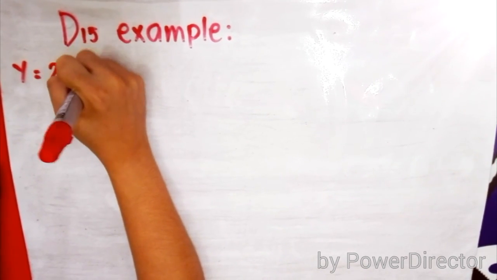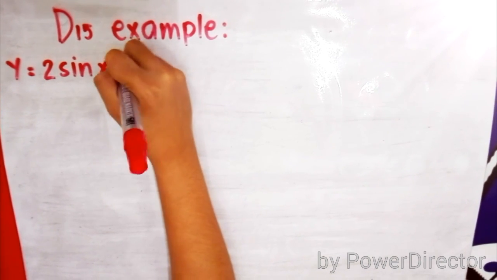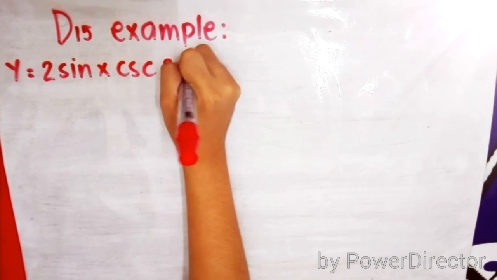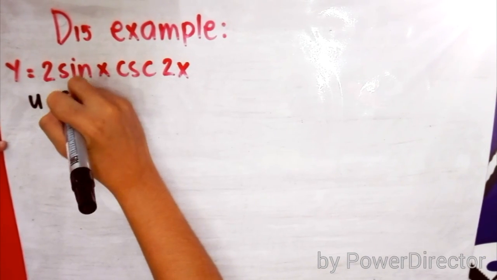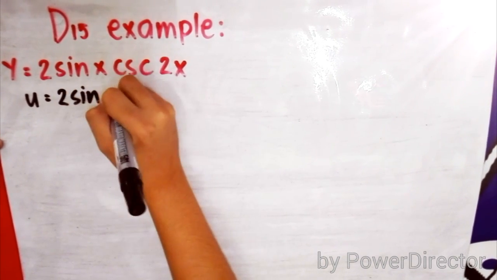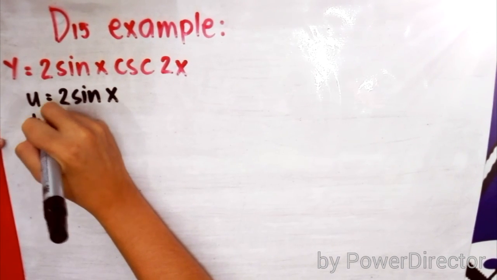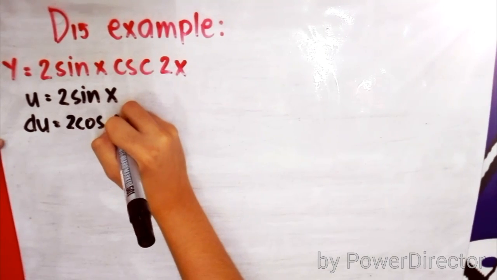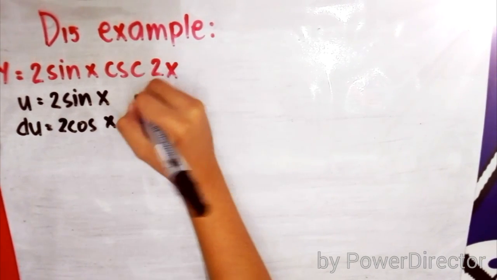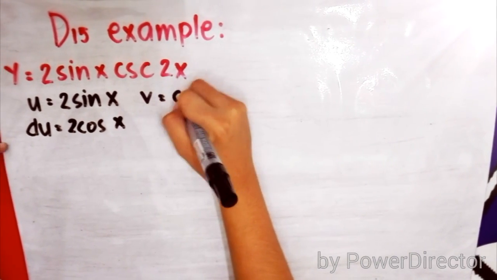For another example, we have 2 sine x cosecant 2x. Since this is a product, we will apply the D4. U is equal to 2 sine x. The derivative of u is equal to 2 cosine x.